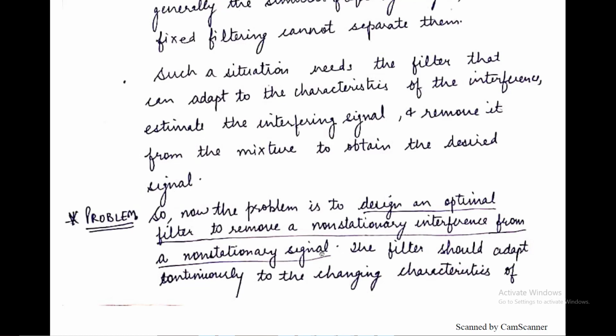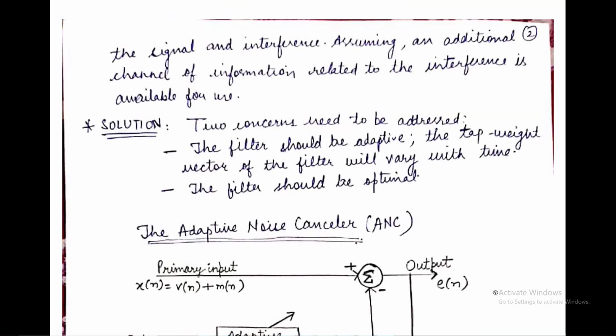Previously, we have studied stationary signals, but now adaptive filtering is mainly suitable for non-stationary interference from a non-stationary signal. The filter should adapt continuously to the changing characteristics of the signal, assuming an additional channel of information related to the interference is available for use.